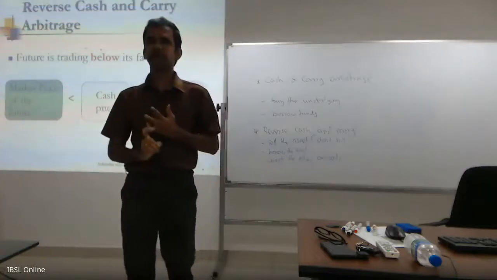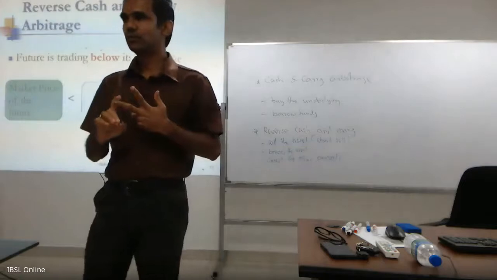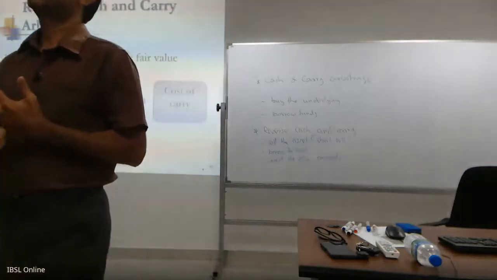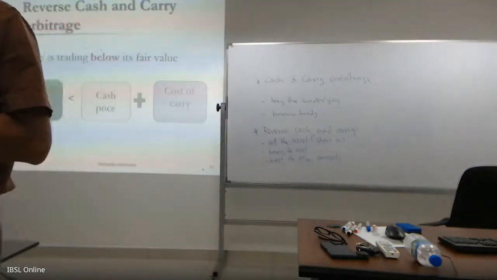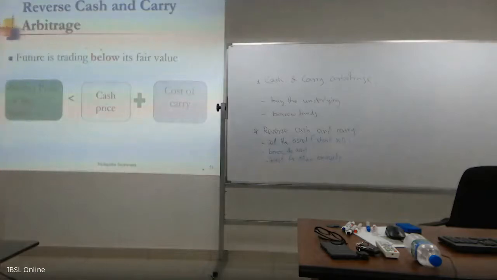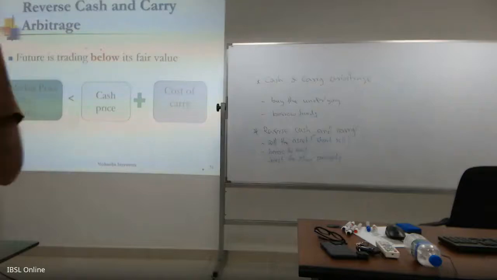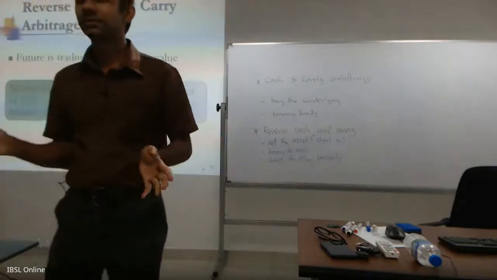To sell the underlying asset, we need to borrow the asset, and whatever the selling proceeds, invest at the given interest rate. Clear?